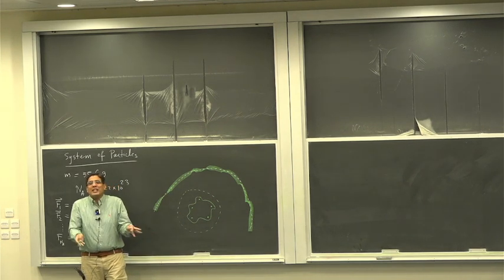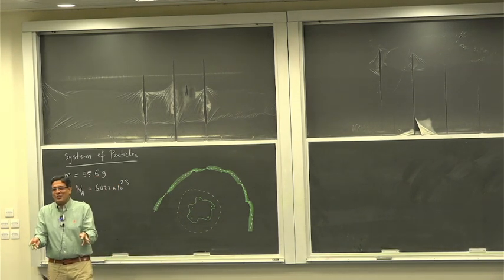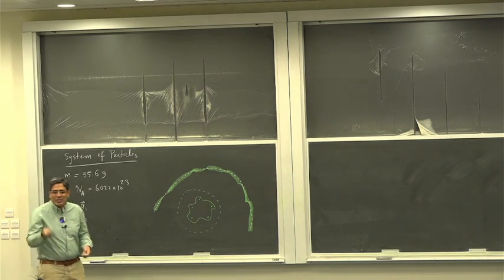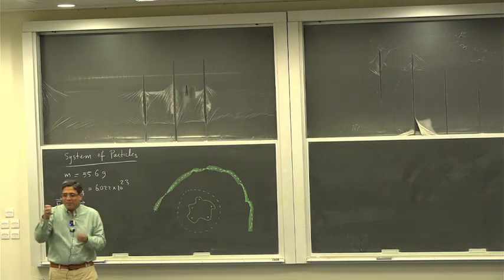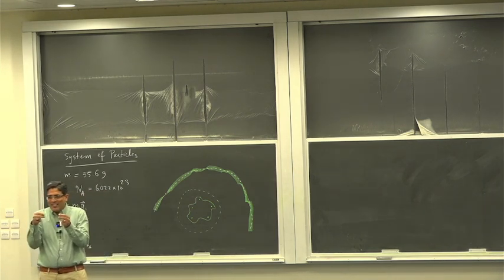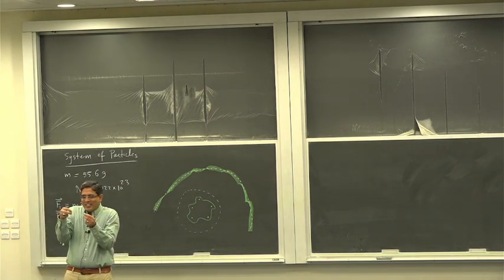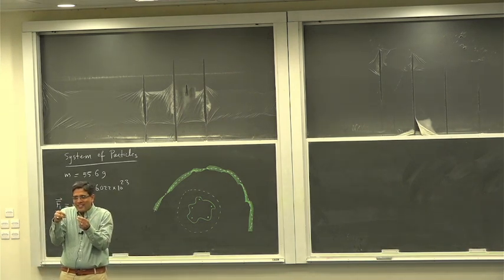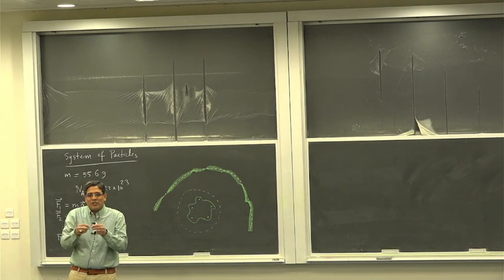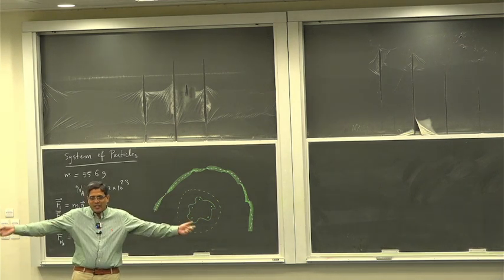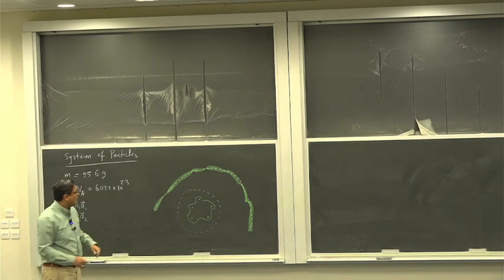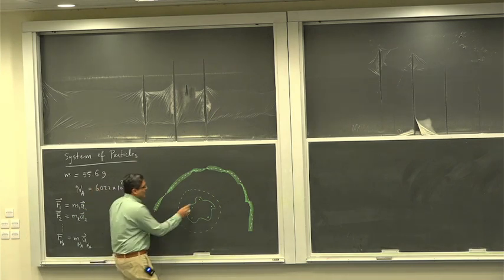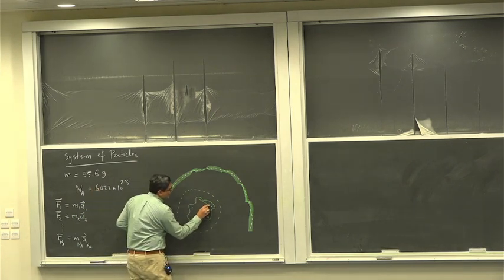Now you have two types of forces. Of course, this is a rigid system. It means the particles are tied to each other. There are forces within the system, aren't there? If that was not the case, then this chalk would just break away. So there are internal forces that they exert on each other.